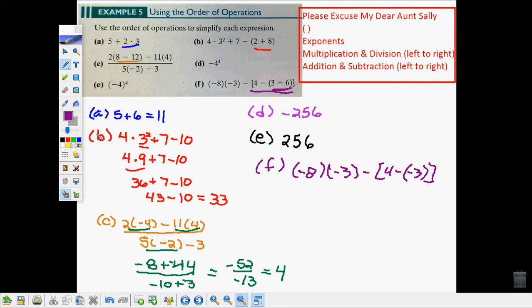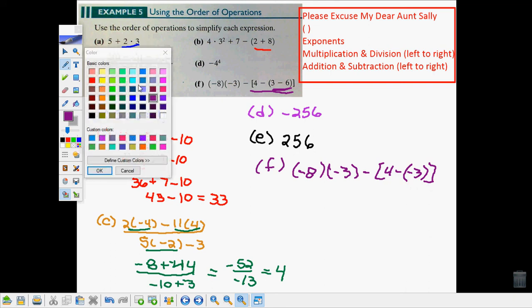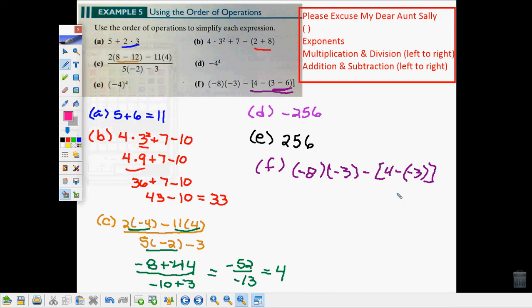Okay, so let me get a different color over here. Let's clear this. We still have parentheses that we need to do. We have this 4 minus a negative 3 here. It's going to make it plus a positive. So I'm going to have negative 8 times negative 3 minus 4 plus 3 gives me 7.